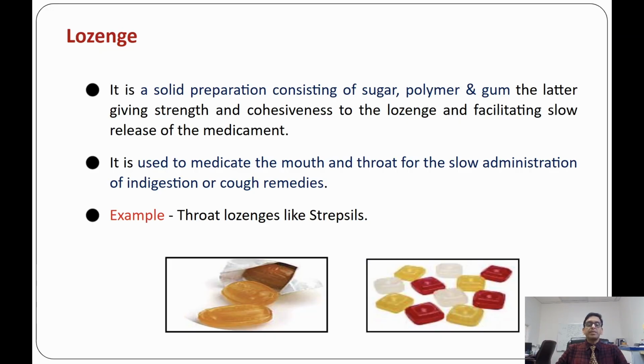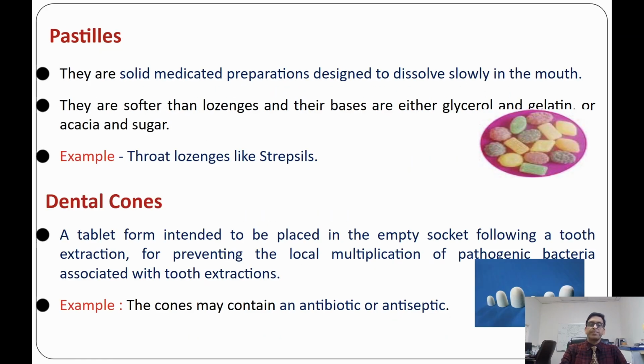Basically, a localized action is expected due to this slow release, and they are mostly used as mouth or throat medications. The example is throat lozenges like Strepsils. Mostly, this is used for any localized action on the throat or oral cavity.